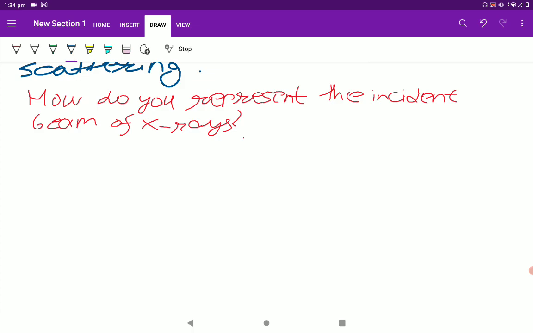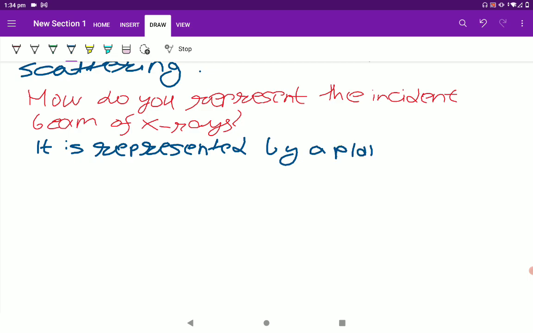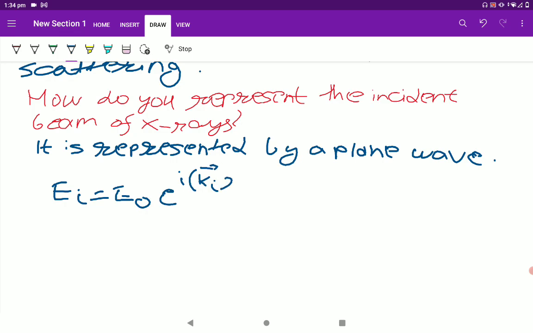If they are monochromatic, we can represent it by a plane wave. Basically, we will use the exponential form. Let's consider the electric field in the X-ray as an electromagnetic wave, and we can write it in this form: E equals E naught e to the i (k_i dot r minus omega t).